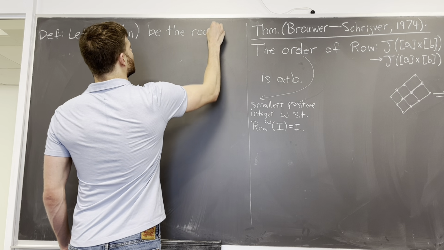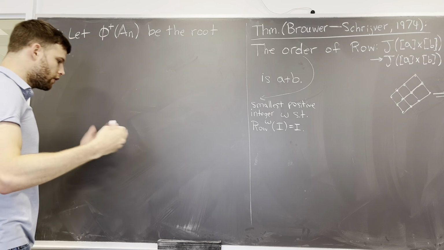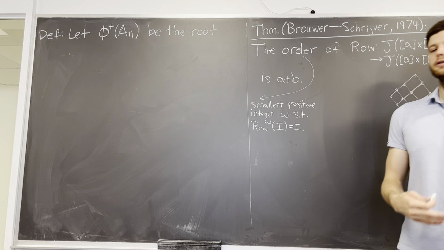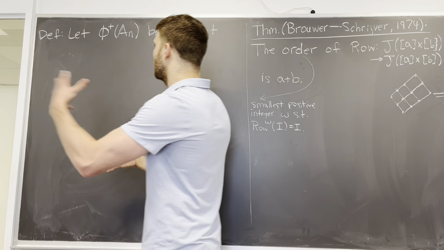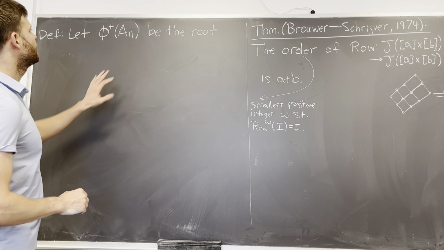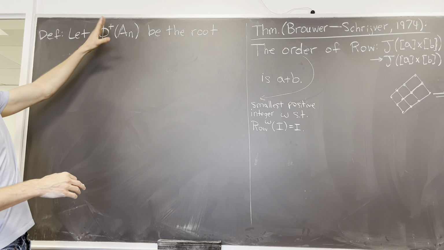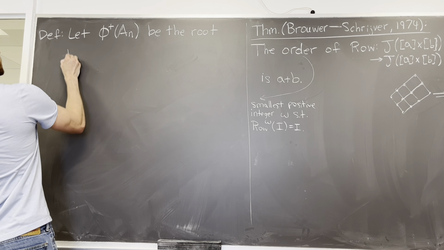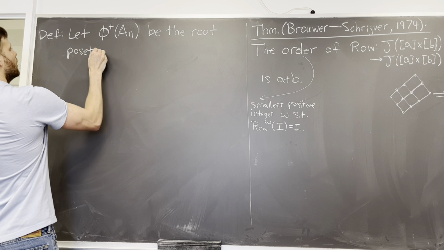The terminology and notation come from the theory of root systems, which are related to Coxeter groups and semi-simple Lie algebras. I don't need that for the definition of the poset, because the posets end up being very simple. That's just why there's this weird notation for it.